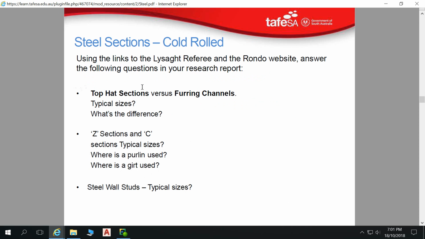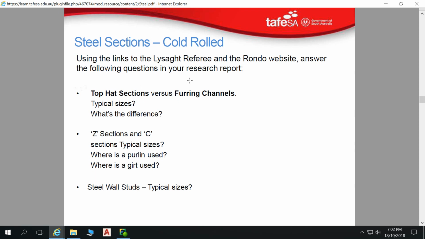So that's our hot rolled sections, but also in a lot of commercial construction, and right here, we've got cold rolled steel sections as well. So within this wall, this is probably not going to be a timber frame wall. I imagine this is going to be that light gauge steel framing wall.